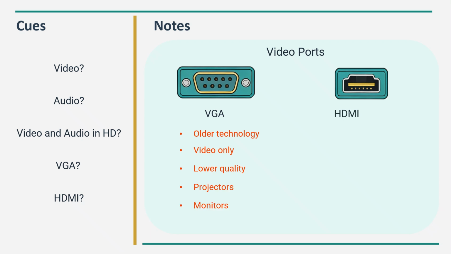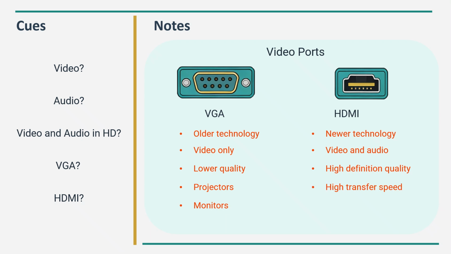HDMI is the newer technology which allows for video and audio at a high definition quality display with higher transfer speeds. These ports are also sometimes found in combination with VGA ports in projectors and monitors. If you have a projector that only has a VGA port and your laptop has an HDMI port, you will need an adapter to be able to use them.